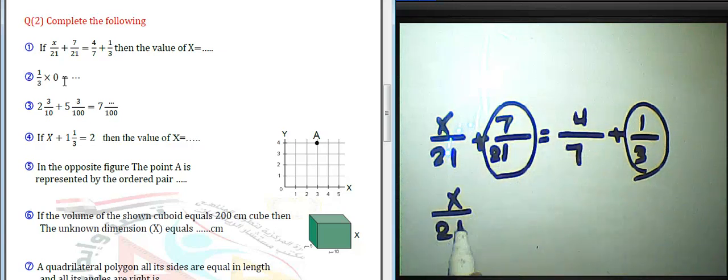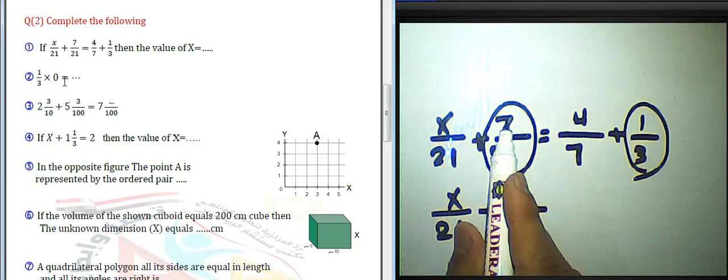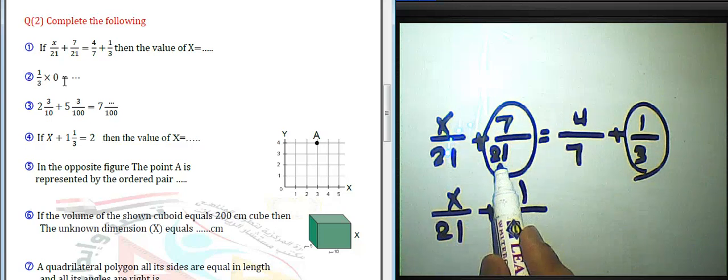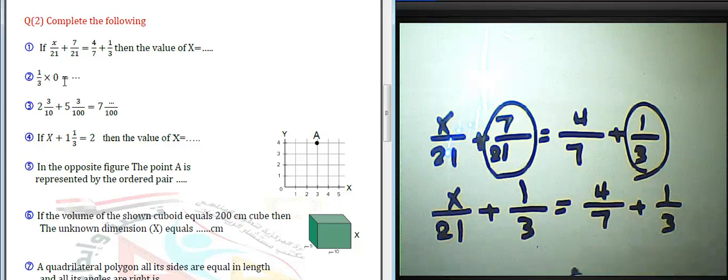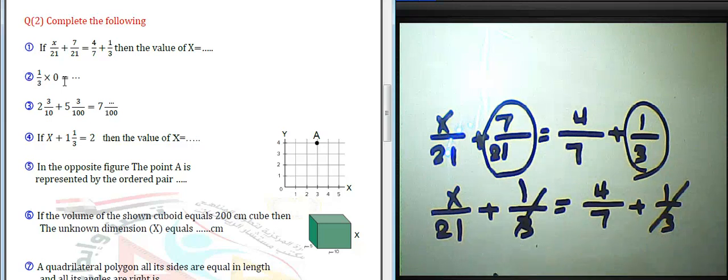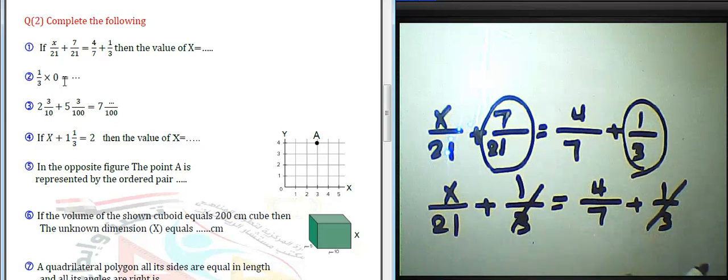x over 21 plus 7 divided by 7 equals 1, and 21 divided by 7 equals 3, equals 4 over 7 plus 1 over 3. We can simplify this by canceling a third with a third. Okay, it's equality: left hand side equals right hand side.